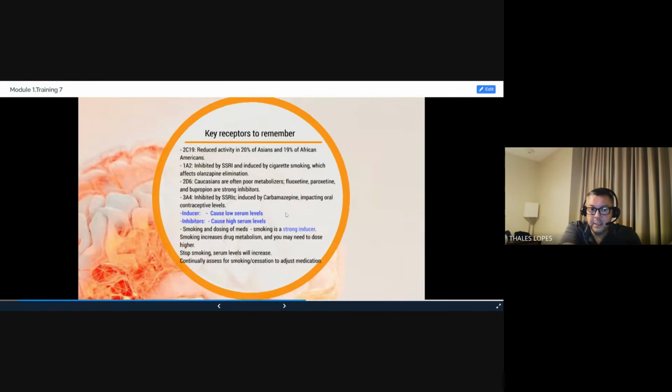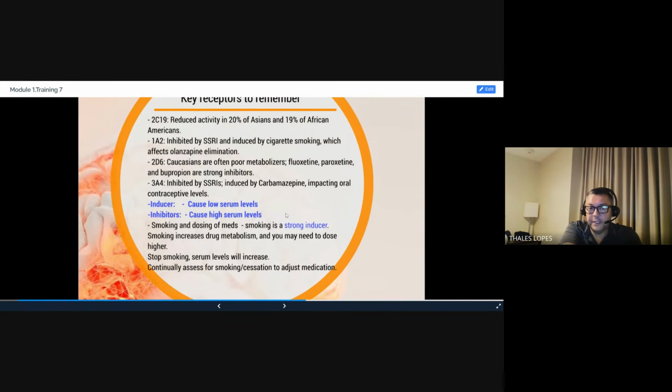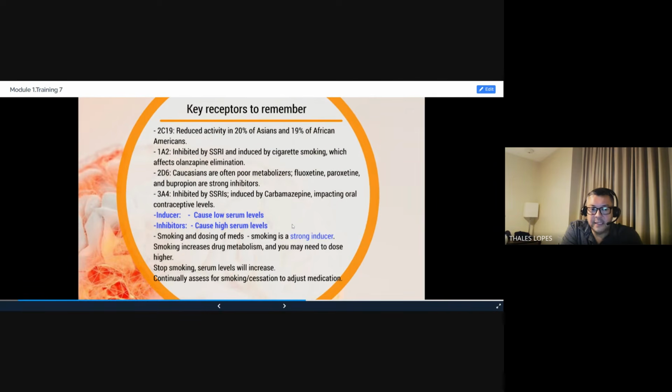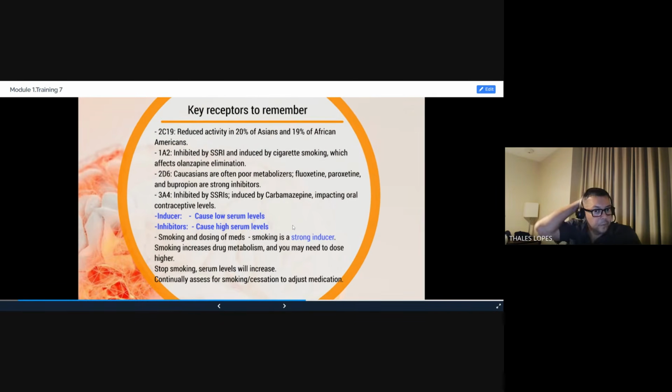All right. So again, a few things to remember. Not super high yield, but just for your knowledge, depending on race and ethnicity, some medications are metabolized differently, right? I want you to remember a few other things, like carbamazepine, the 3A4, right?